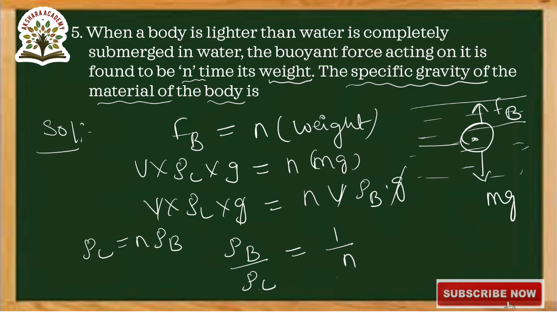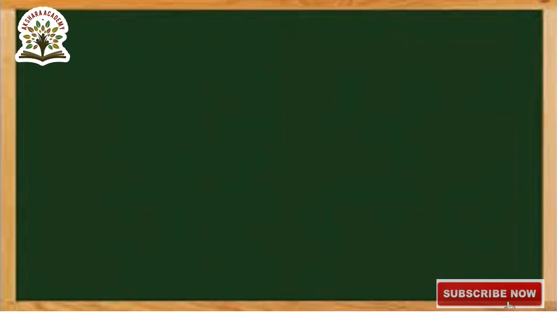So therefore specific gravity is equal to 1 by n. Okay, this is the final answer, 1 by n. Okay, next we will go to the next question.